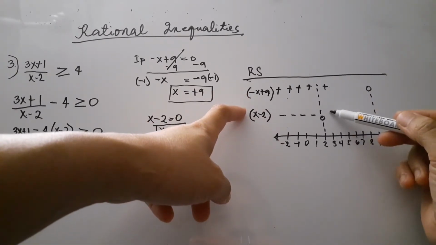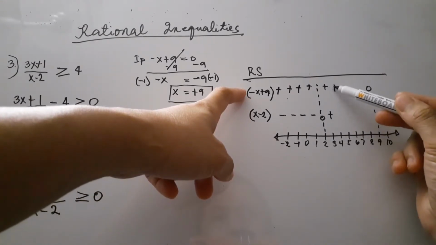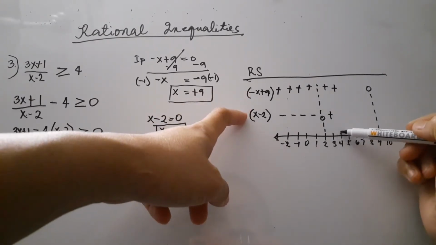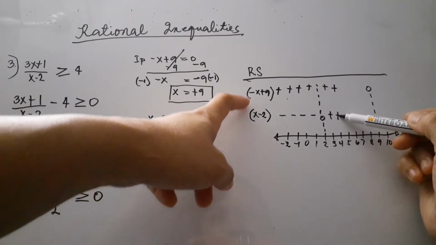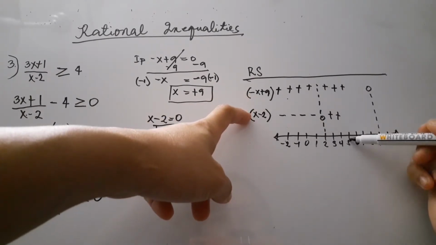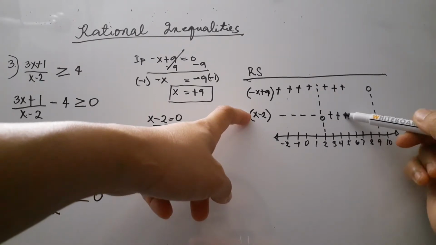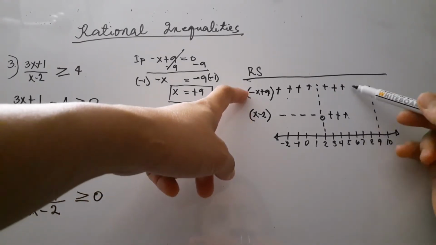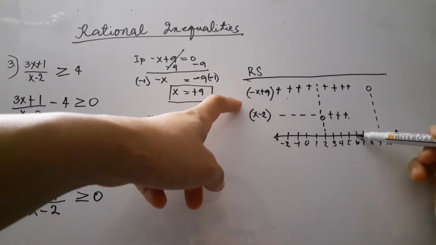So all here is positive, since the larger value is positive, so it is positive, and here is positive. All here is all positive, since positive numbers are greater than negative 2, and here also.